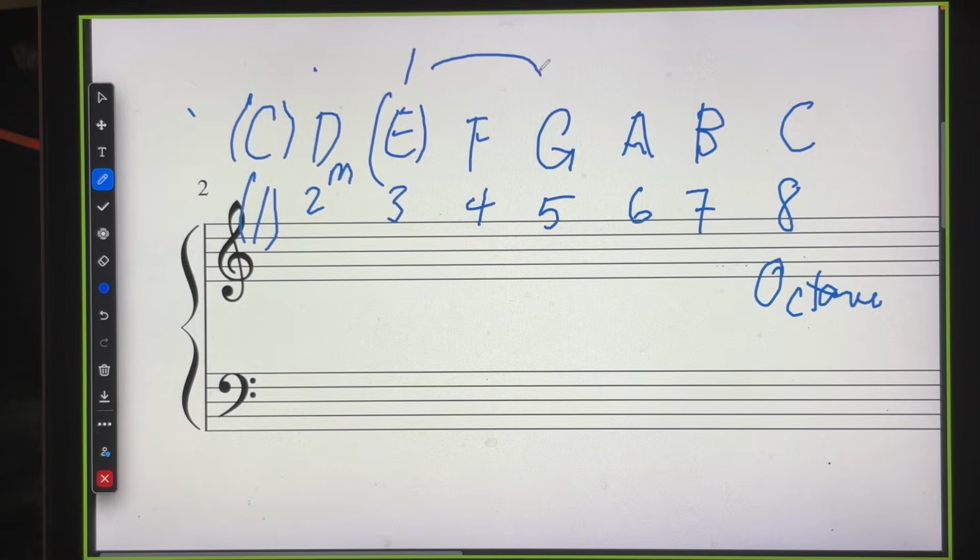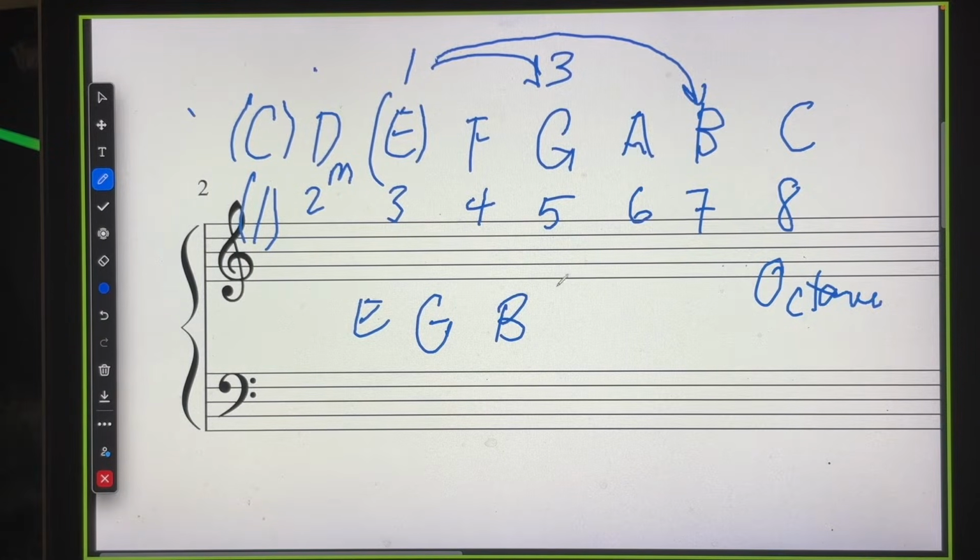The 3rd note from E is G. So we write down G here, E, G. And then the 5th note from E is B, so we have E, G, and B. If I play an octave of E, G, B below here on the piano, it sounds sad. So we build an E minor chord for E in the key of C major.